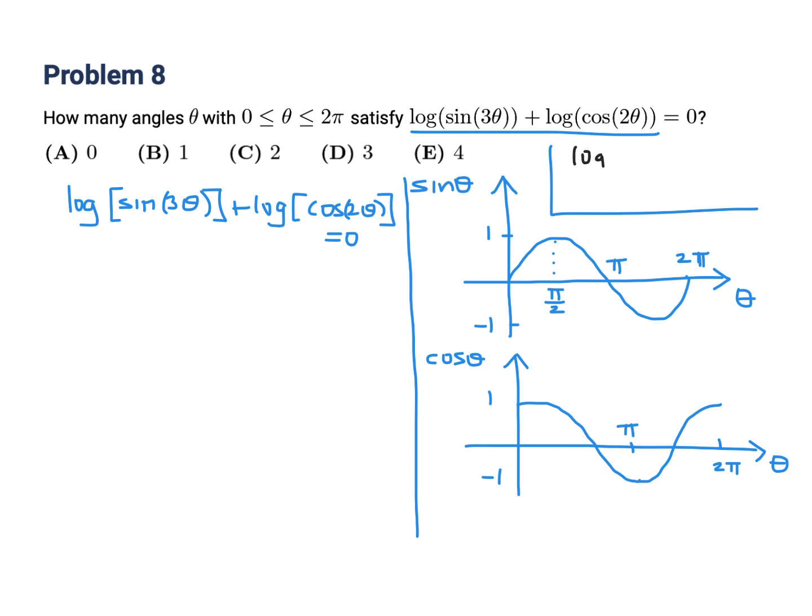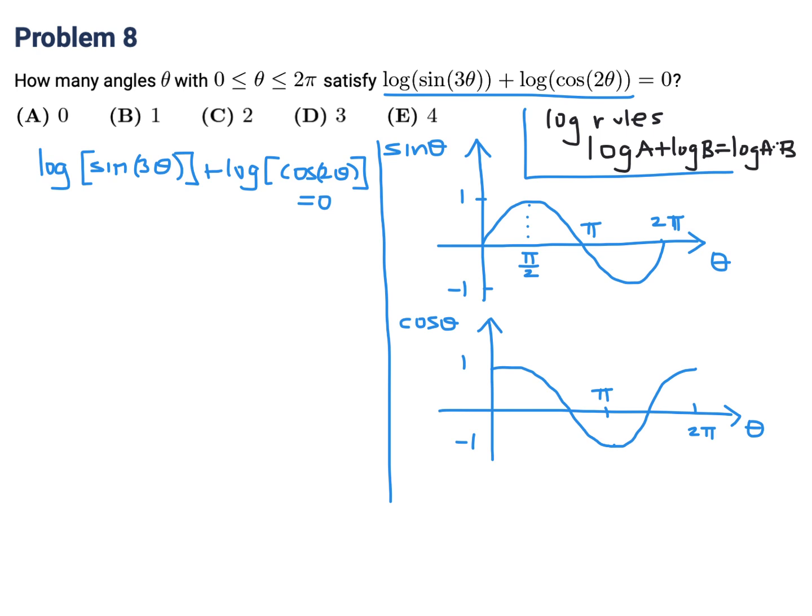The one in particular here is the log of A plus the log of B is equal to the log of A times B. So this is the log of sine 3 theta times cos 2 theta is equal to 0. Just using that log rule, nothing fancy.